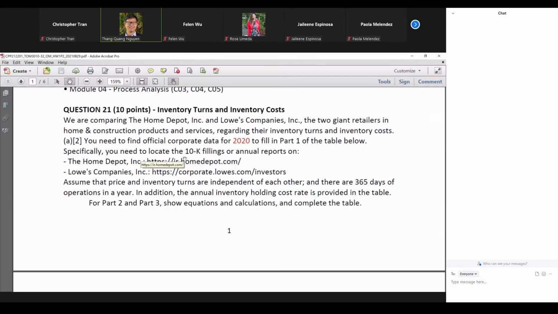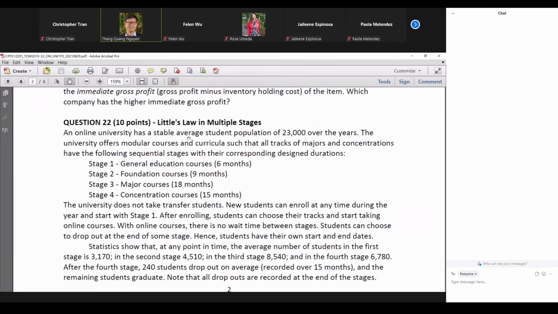For question 22, it is another application of Little's Law, okay? So we talk about an online university with like 23,000 students, right? Roughly speaking, that's a size a little bit smaller than the size of our campus, right?